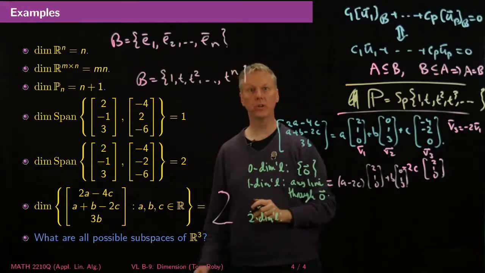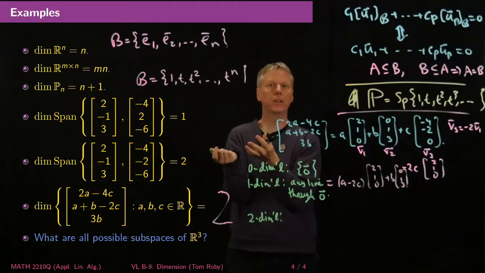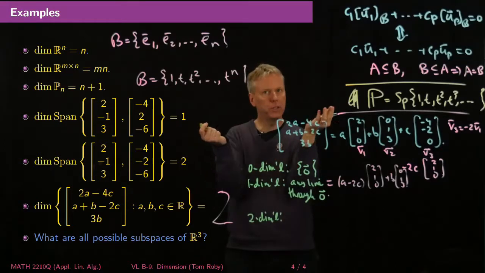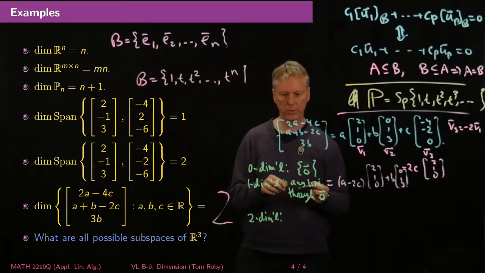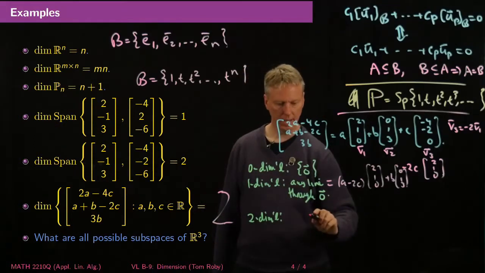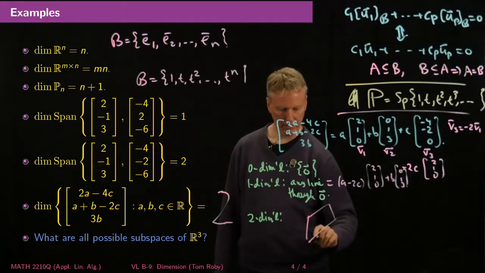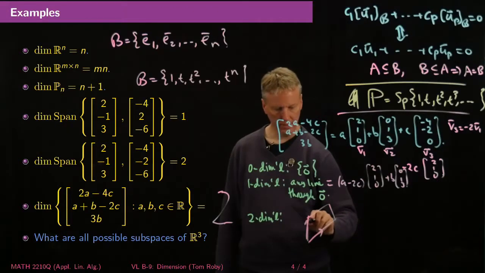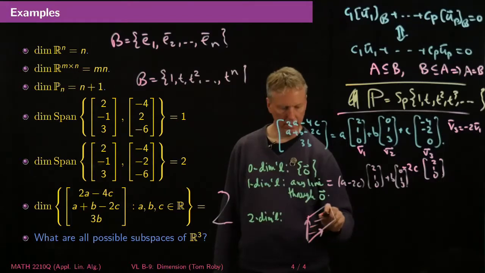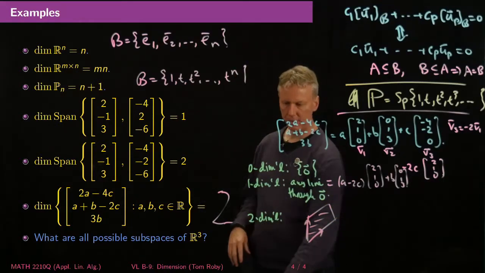To get a 2-dimensional one, I need a basis of two linearly independent vectors, and I look at the span of those two vectors. I've got one vector here and one vector here, and those will generate a plane in R3. So that's what 2-dimensional vector spaces look like.